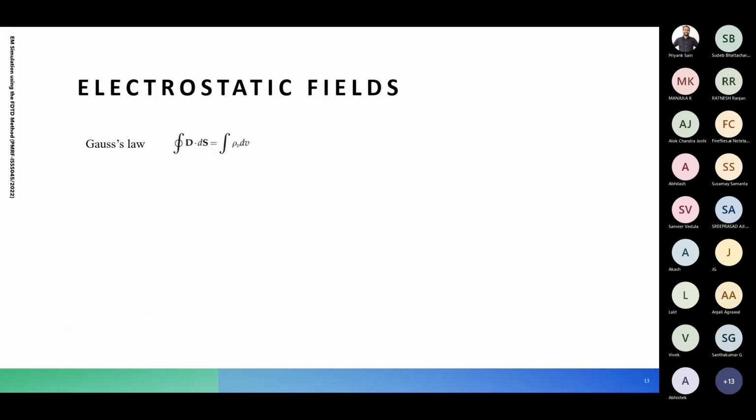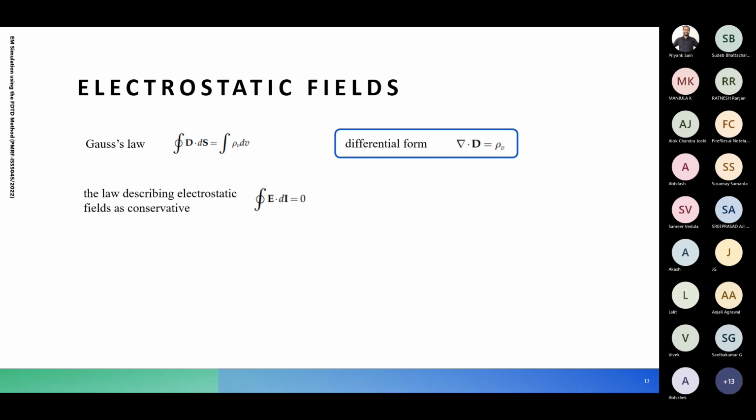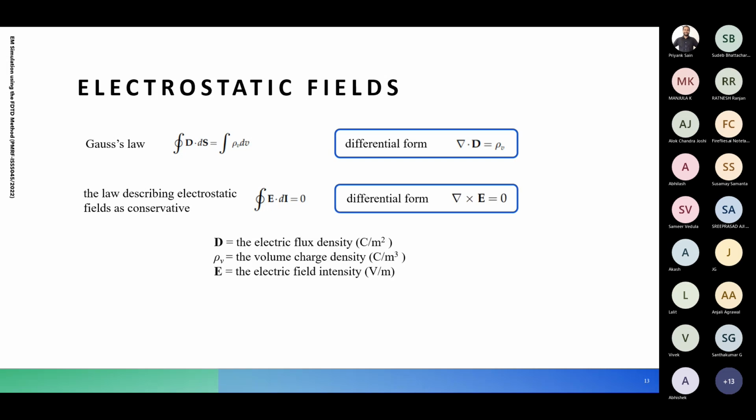Now, important laws for the study of electrostatic fields are Gauss's law, whose differential form is given by the divergence of electric displacement D equals rho, and the law describing electrostatic fields as conservative, that is, the curl of E equals 0.